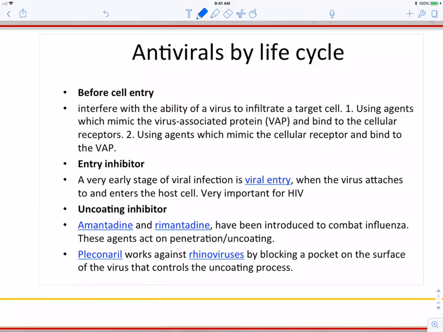And so let's look at the antivirals then by life cycle. So we have agents that act before cell entry, and so they target the virus-associated protein by mimicking it and binding to the cellular receptor, or vice versa, they mimic the cellular receptor and bind to the viral protein. And then we have entry inhibitors, and those are quite important for HIV. We have uncoating inhibitors, such as amantadine and rimantadine, which are being used for flu, and we will cover those.